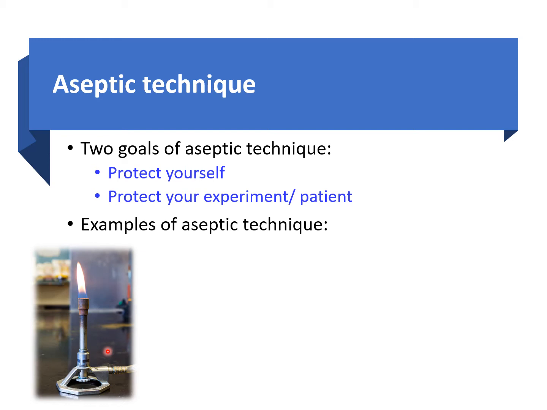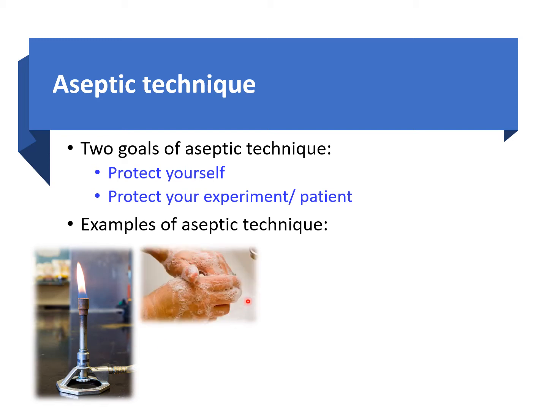You always want to actually feel the heat coming off of it. That's going to give you an idea, okay, am I close enough or not? If you don't feel the heat of the Bunsen burner, this is an indication that you've stepped far away from that sterilized zone, okay?